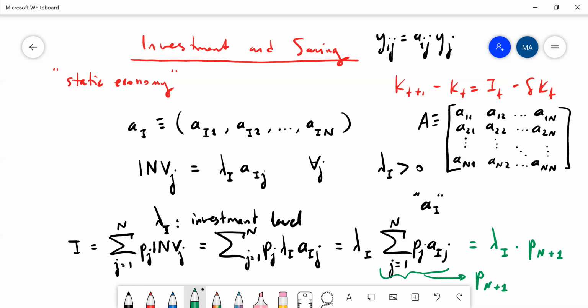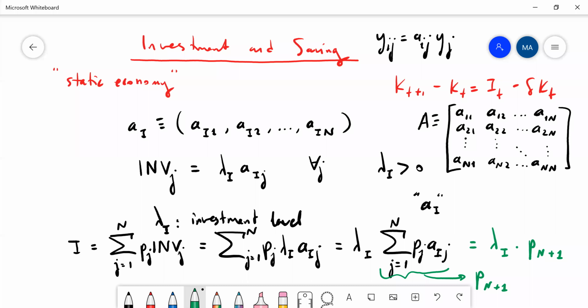So this is now a price index that reflects the importance of each different good. So it is a weighted average, if you think about it. Okay? And your investment function is basically your investment level, lambda I, times the total price you pay for the investment goods.